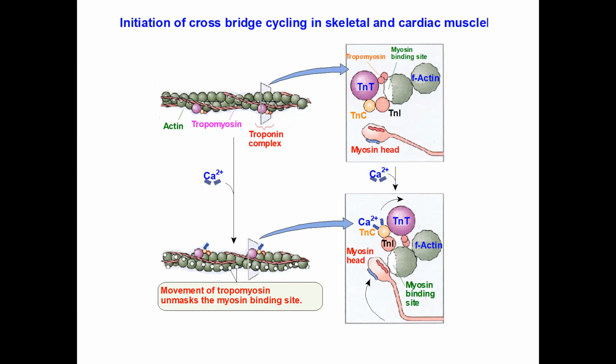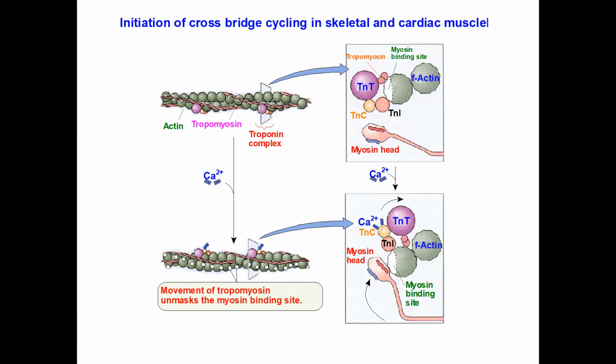The high affinity binding sites are always occupied with calcium or with magnesium, even during the rest. But the low affinity binding sites are free of calcium during rest. And now as action potential comes and releases calcium from SR, this calcium binds to the low affinity sites of troponin C. And you see it here, two calcium now bind with troponin C.